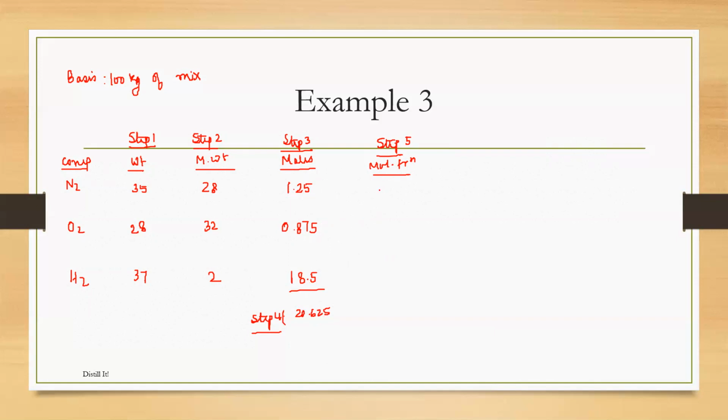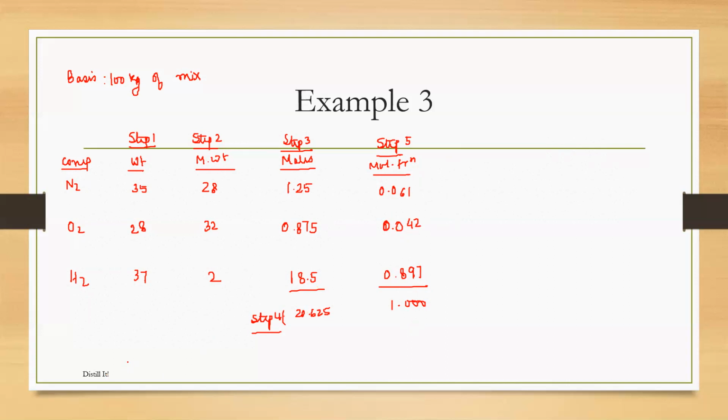Hence, we'll get mole fraction of nitrogen as 0.061. Similarly, mole fraction of oxygen is 0.042, and mole fraction of hydrogen is going to be 0.897. When we add, we'll get 1, so our mole fractions are correct.